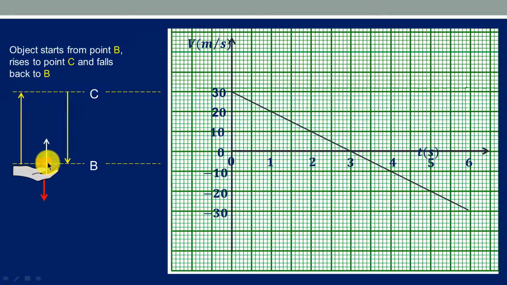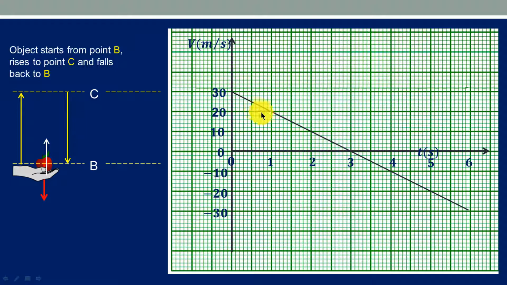But when the apple was moving upwards, the weight was acting downwards. So because the weight is trying to oppose the motion of the apple, it decelerates the apple. So the apple slows down and comes to rest momentarily at this point. After 3 seconds, it reaches maximum height, and that is when it is momentarily at rest.